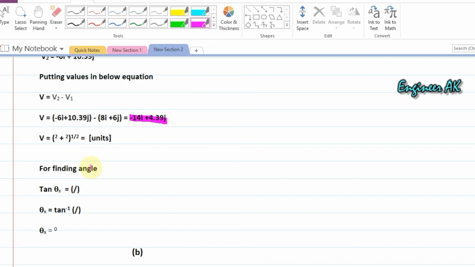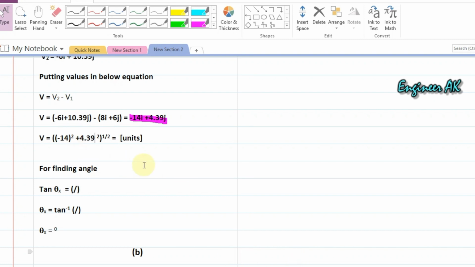How can we find the magnitude? We take the square of this component and the square of this component, and take the root, so we will get the value. So let me plug in the values here: minus 14 squared, and here 4.39 squared.